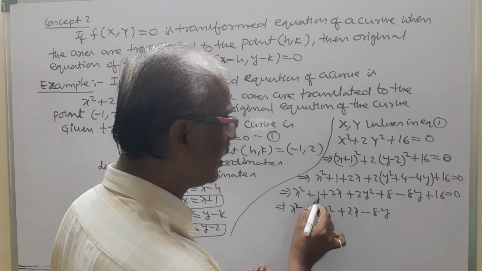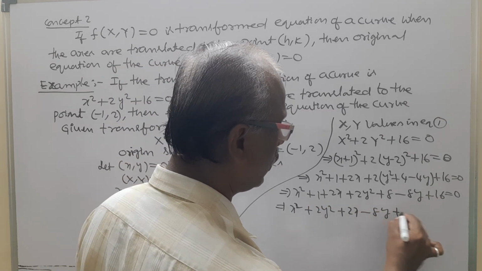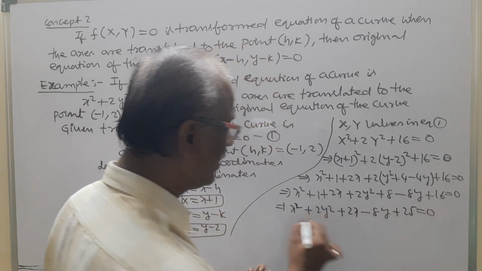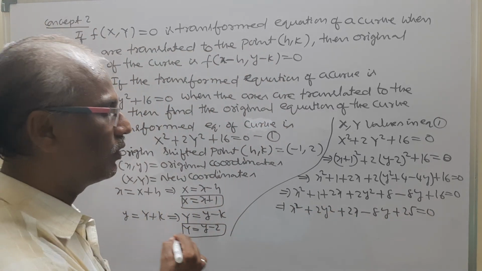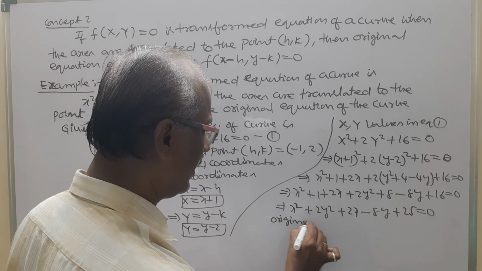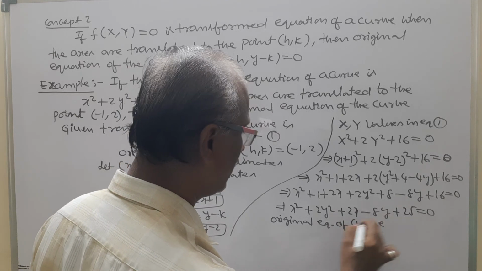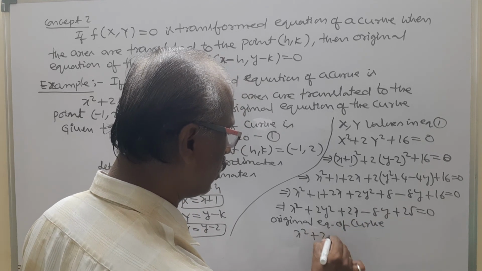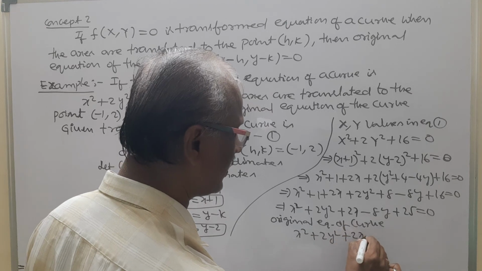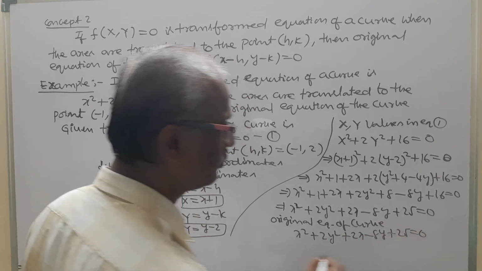Next constant term: 1 plus 8, 9, 9 plus 16, 25. This is the original equation of the curve: x square plus 2y square plus 2x minus 8y plus 25 equal to 0.